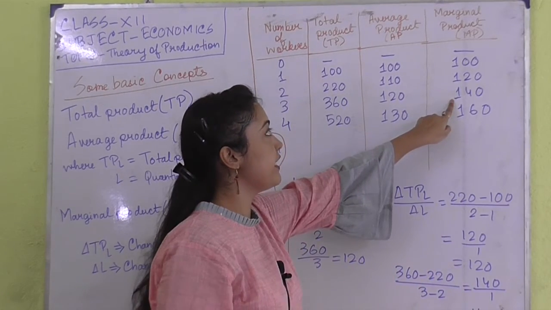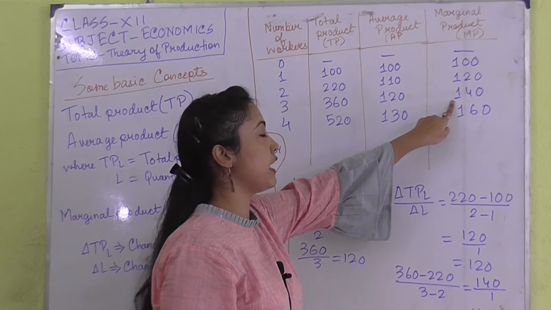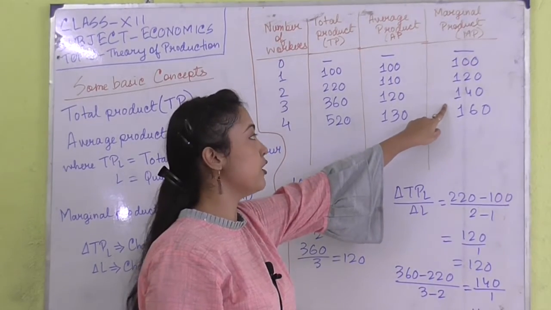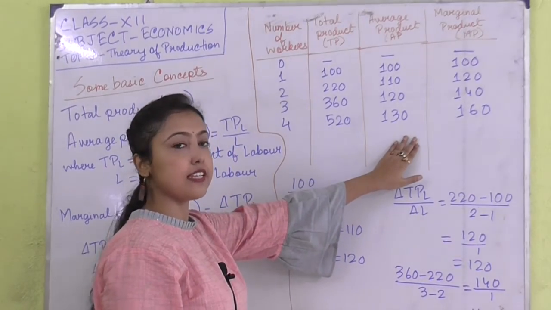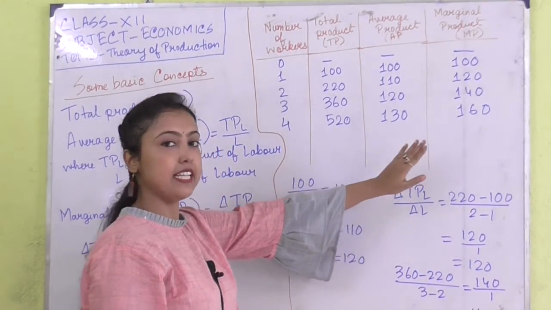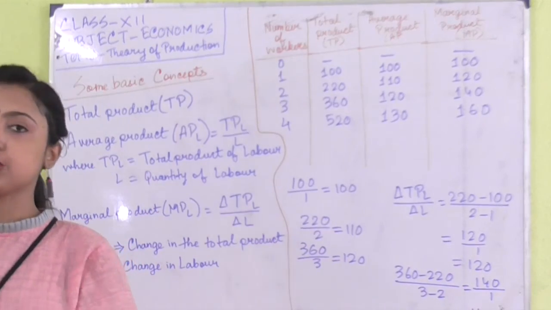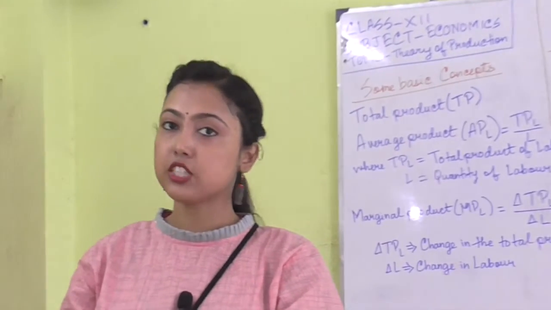In this way we get 140 as our marginal product. I think up to this point it is clear to you. In this way we derive our average product as well as our marginal product. I think the concept of total product, average product and marginal product is very clear to you.